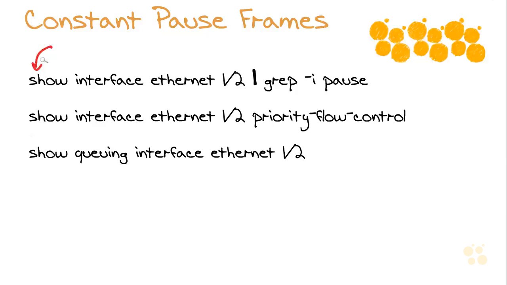Also, the show queuing interface Ethernet command, and you can check the pause status. If the receive, active, and pause counts increment, then the issue is probably caused by X-off frames that are received from the server. We should definitely consider investigating the slot of the appropriate server to ensure that it's high speed. We got to make sure that we're utilizing servers that can run at a consistent 10 gig throughput.